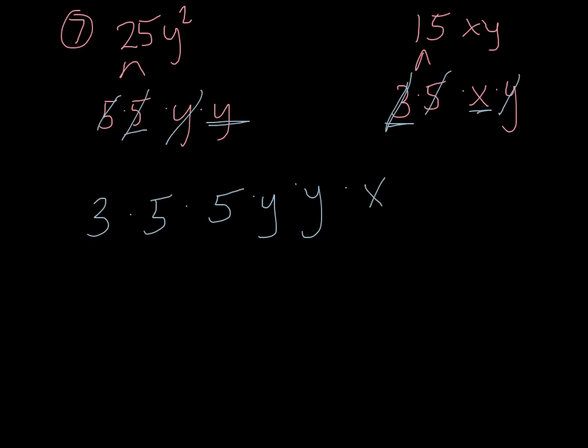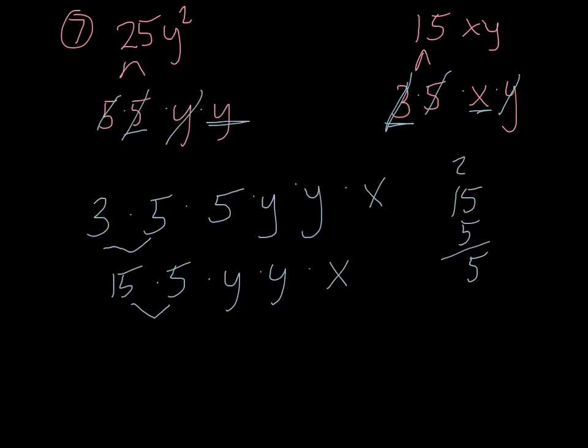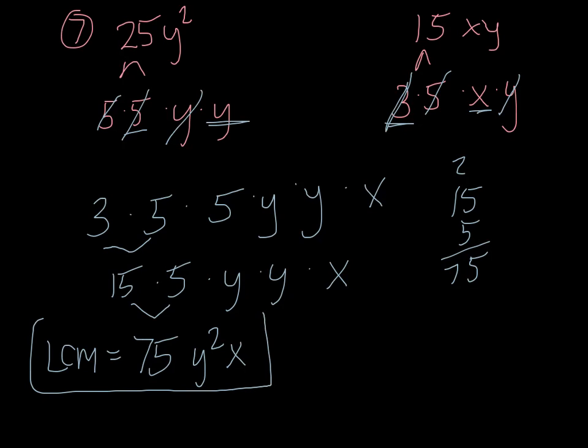Now let's multiply those together. 3 times 5 is 15, times 5, times y, times x. 15 times 5, let's figure that one out: 25, 50, 75, so that would be 75 y squared x. So our LCM equals 75 y squared x.